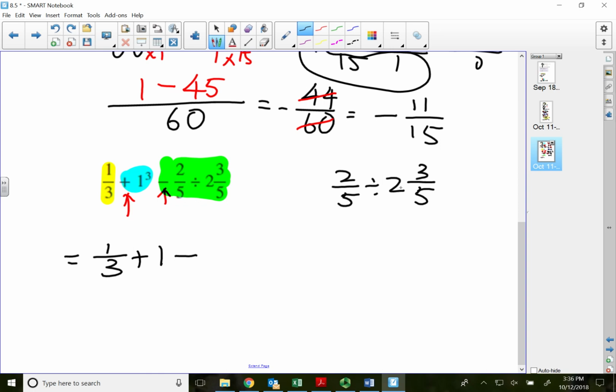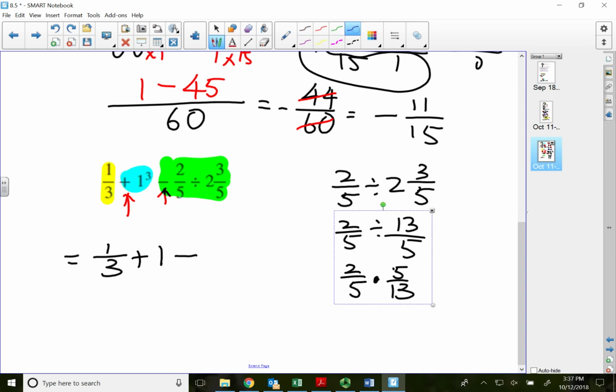When it comes to dividing mixed number, I got to convert it into an improper fraction, which is 5 times 2 plus 3, 13 over 5. So now division of a fraction means times the reciprocal, 5 over 13. So now the top 5, bottom 5 reduce. My third term turned out to be negative 2 over 13.